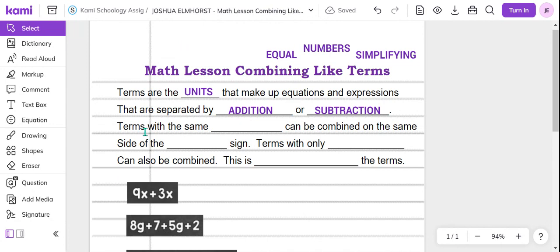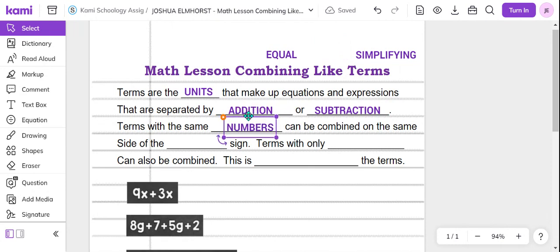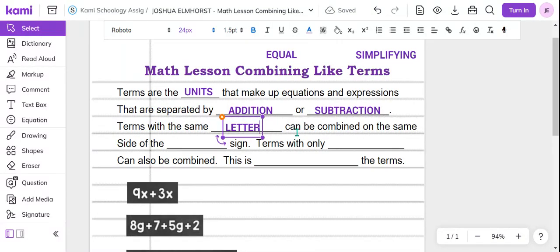So one thing we can do is when there's terms with the same numbers, actually, I think that should be letters. This one's letters. So terms with the same letters or variables can be combined on the same side of the equal sign.